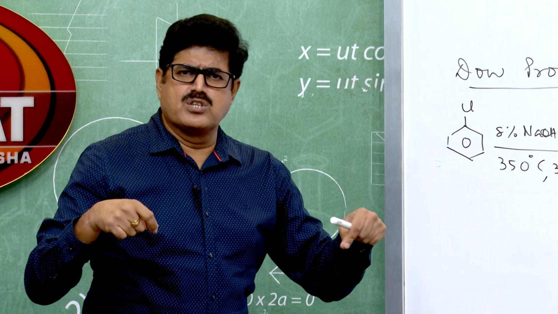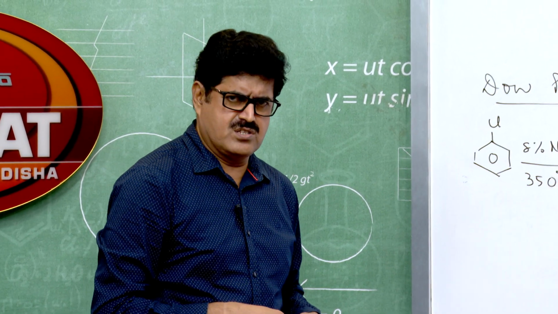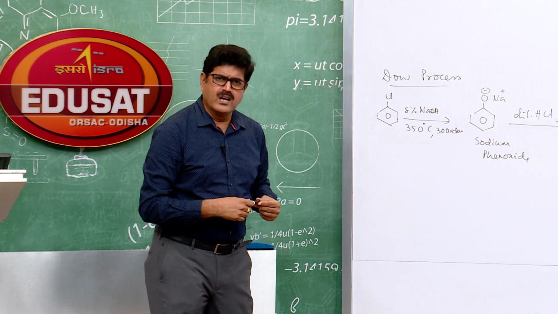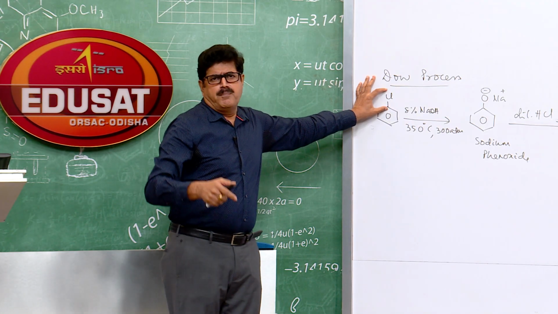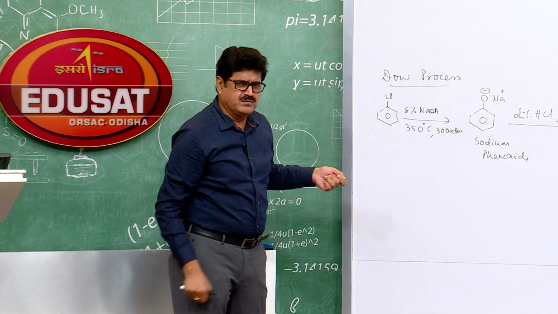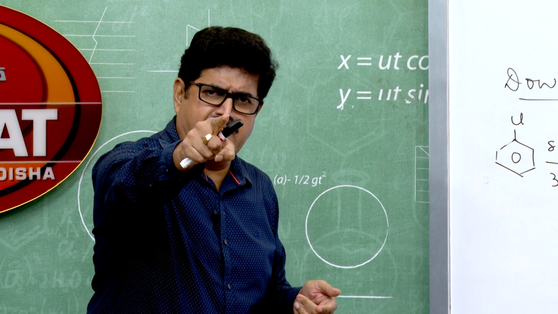Chlorobenzene undergoes nucleophilic substitution only under drastic conditions, or chlorobenzene is very less reactive towards nucleophile. Why? Because in chlorobenzene, this carbon-chlorine bond has partial double bond character through resonance. I repeat, chlorobenzene has partial double bond character.